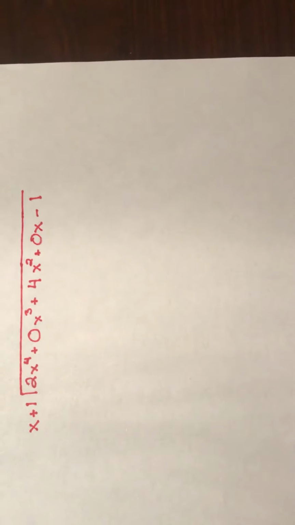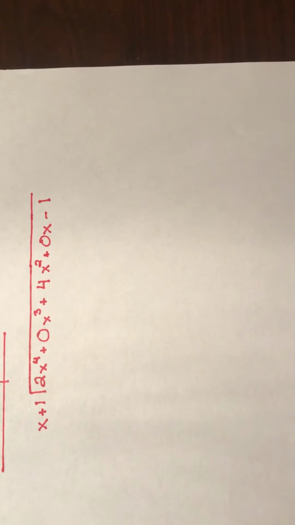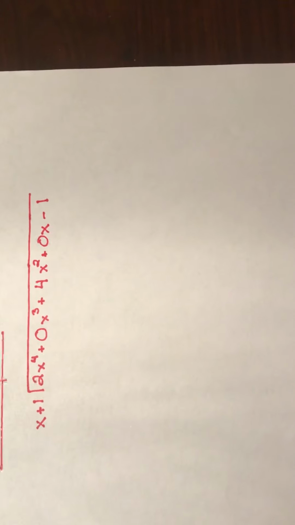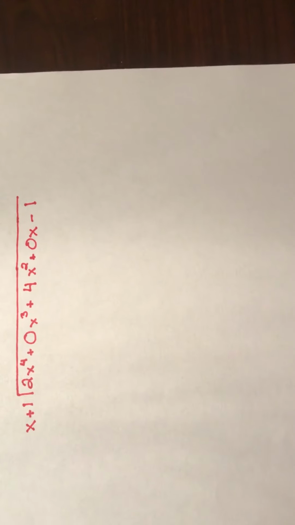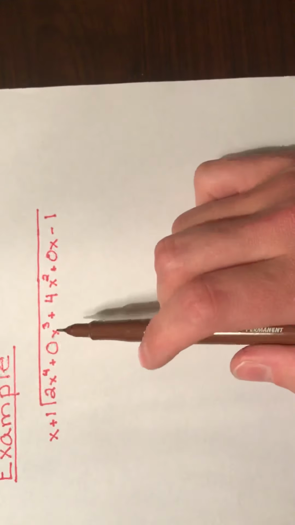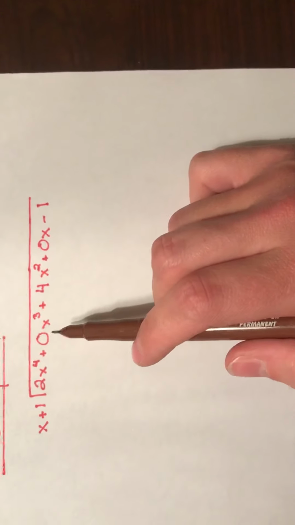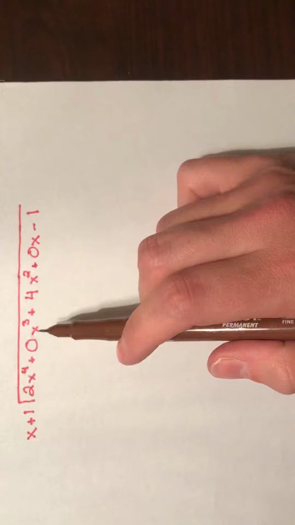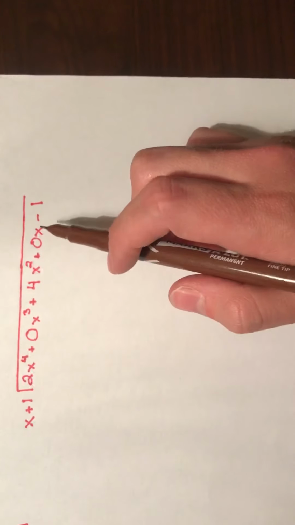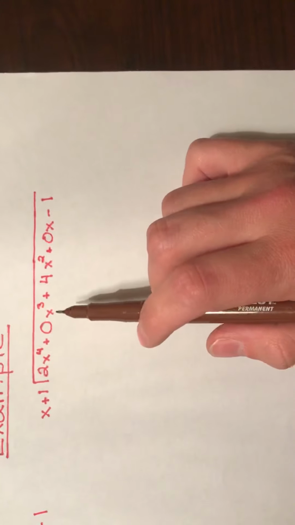x plus 1 is dividing 2x to the fourth plus 0x to the third plus 4x squared plus 0x minus 1. Here you can see we added in the 0 terms because in our original function we did not have an x cubed term or an x term. This will help us keep our terms lined up.